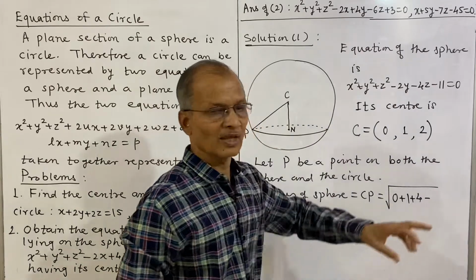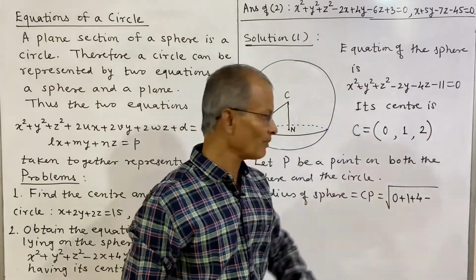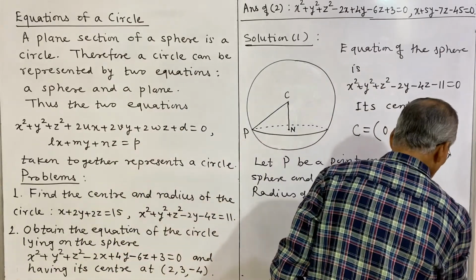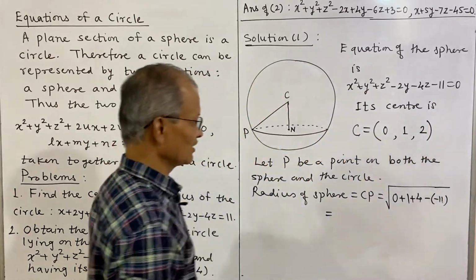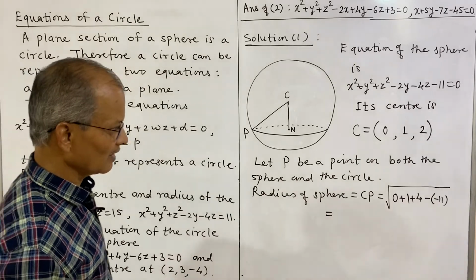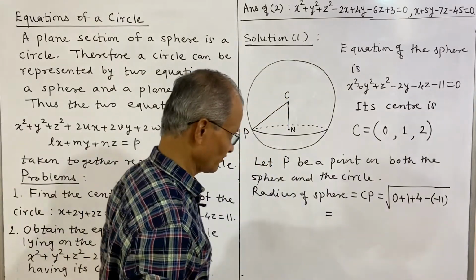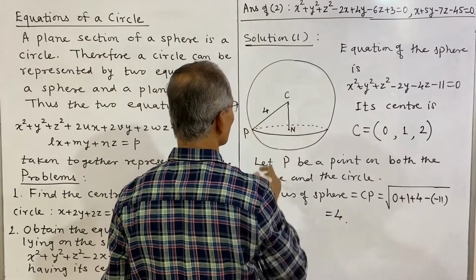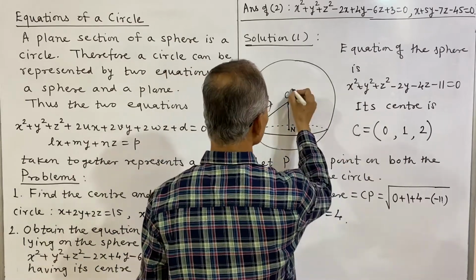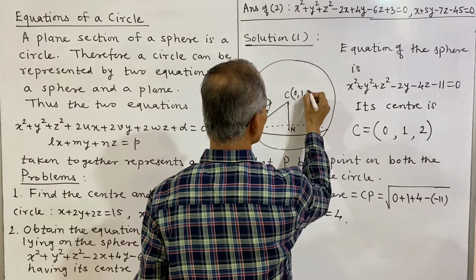And what is d? d is minus 11. So minus of minus 11. This is CP, the radius of the sphere, and it is root of 16, that is 4. So CP is 4, and center's coordinates are 0, 1, 2.